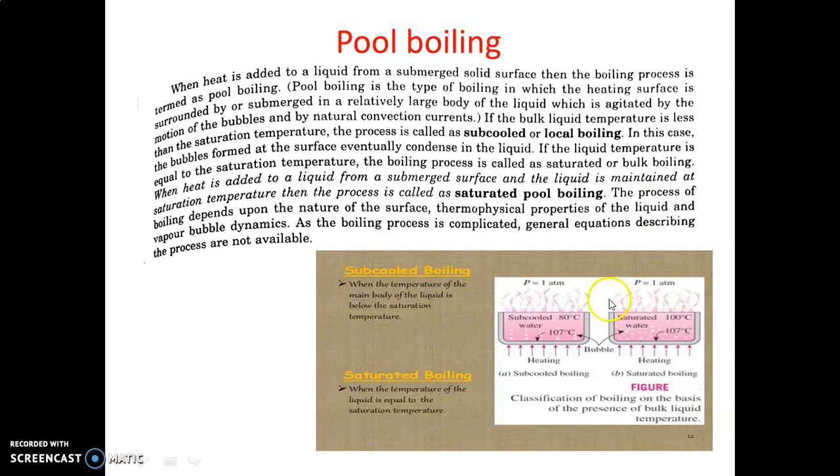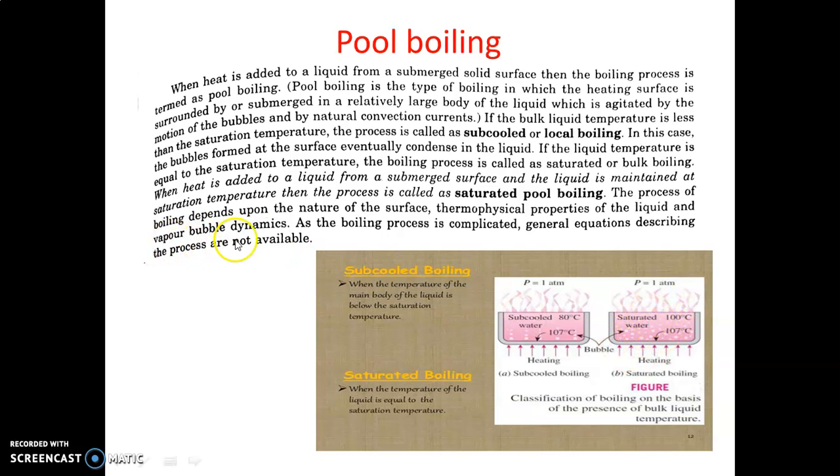Then the process of boiling depends upon the nature of the surface, and the thermodynamic properties of the liquid, that means viscosity, density, temperature. All these parameters we have to consider.